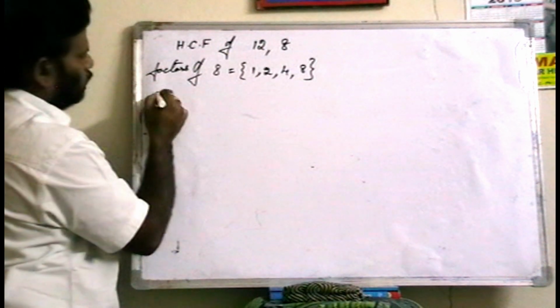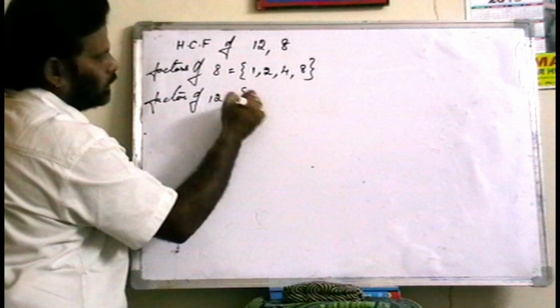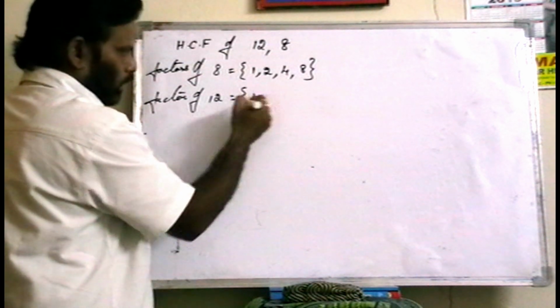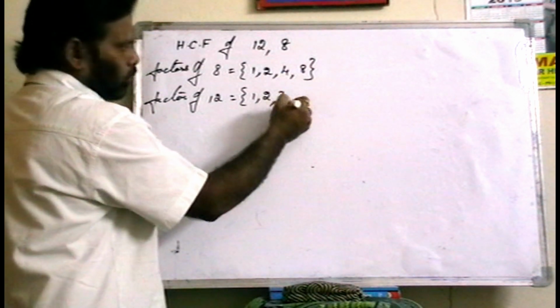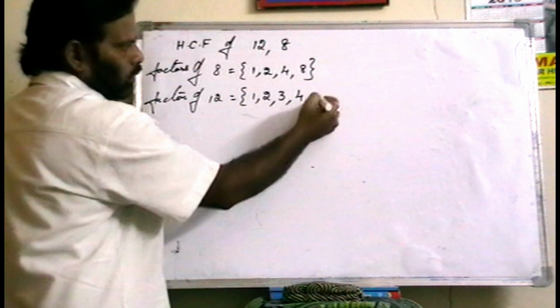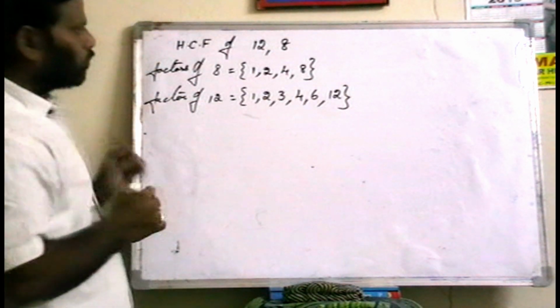Now the factors of 12. 1 is a factor of 12. 1 12 is 12, 2 6s are 12, 3 4s are 12, 4 3s are 12, 6 2s are 12, and 12 1s are 12.